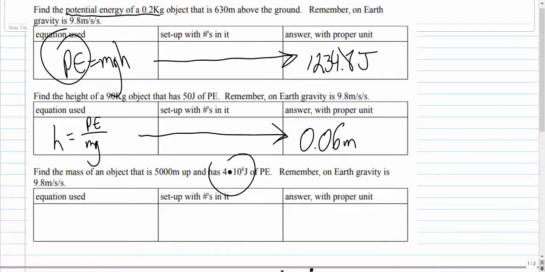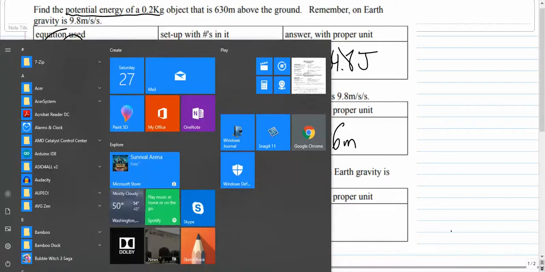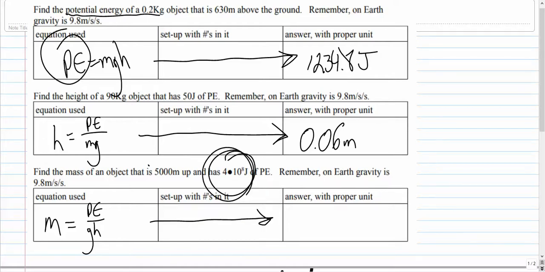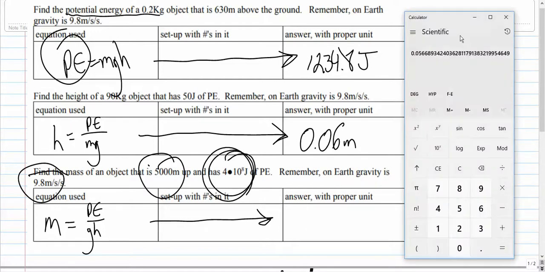Okay, last problem. Well, this one's got some scientific notation in it. Well, that's not a big deal because we're good at that. Find the mass. So we know that mass is the potential energy divided by gravity times height. So it's going to be our potential energy, that's going to be this number divided by gravity and the height. So I'm just going to do this on the calculator.